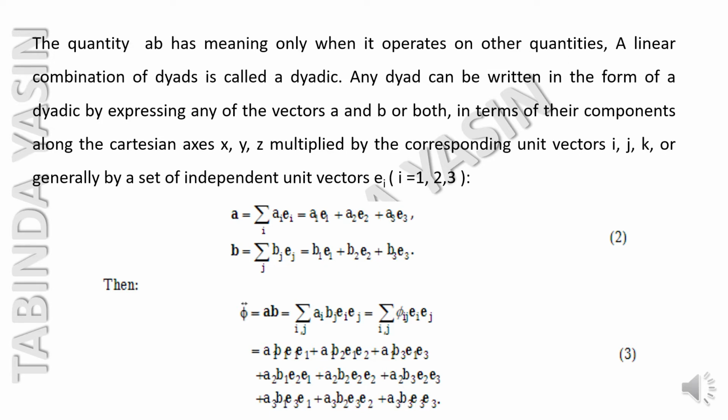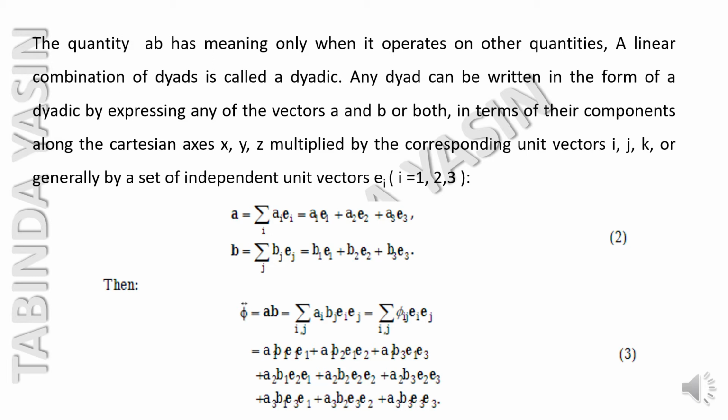A linear combination of dyads is called a dyadic. Any dyad can be written in the form of a dyadic by expressing either of the vectors A and B, or both, in terms of their components along the Cartesian axes x, y, z multiplied by the corresponding unit vectors i, j, k, or generally by a set of independent units ei, where i is equal to 1, 2, 3, and so on.